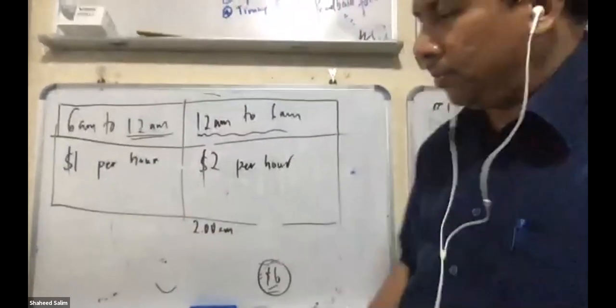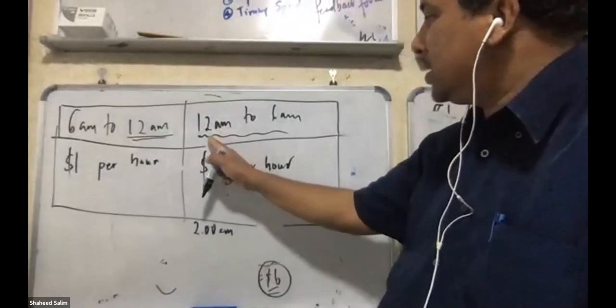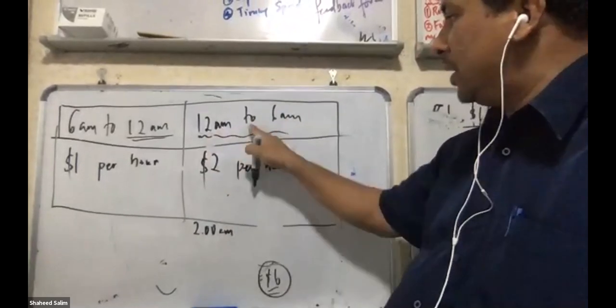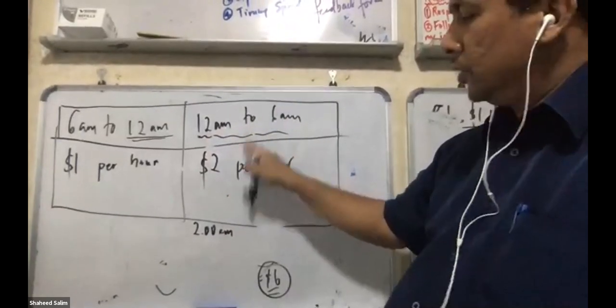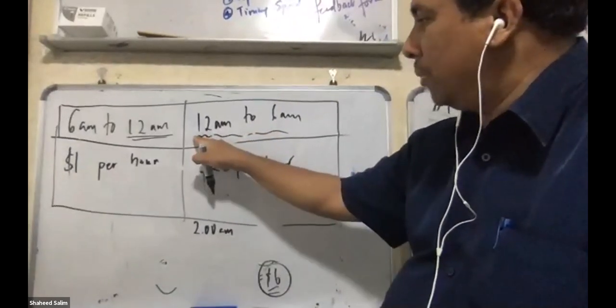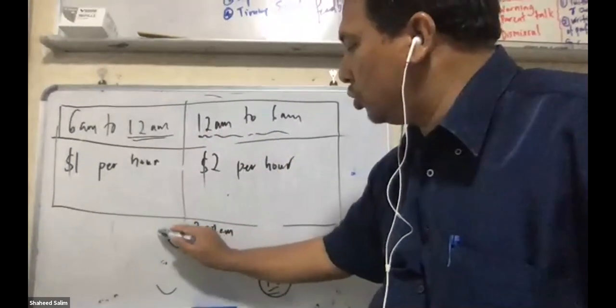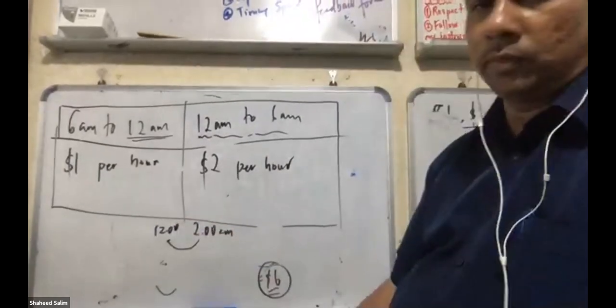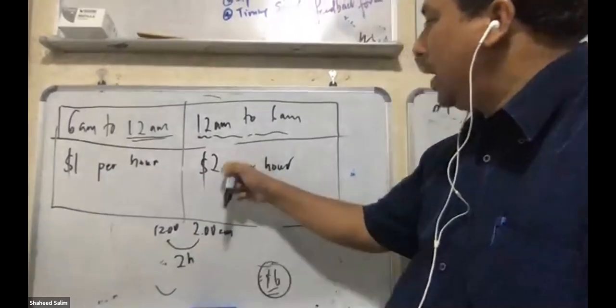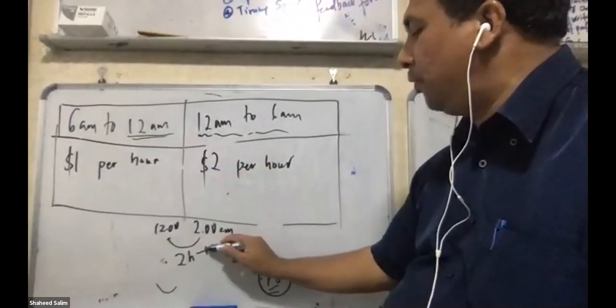So we do step by step. We go backwards now. This is the rate from 12 a.m. to 6 a.m., so 2 a.m. comes under this rate. Let us work backwards from 2 a.m. to 12. How many hours is it? 2 hours. 1 hour is $2, 2 hours must be $4.